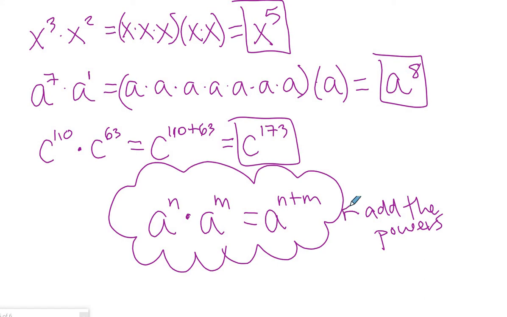Does expanding it out work? Absolutely. Can it get really tedious and annoying and time-consuming? Absolutely. So that is why we want to think of some patterns and shortcuts in order to make life a little bit easier. All right, so that is what we learned in class today.